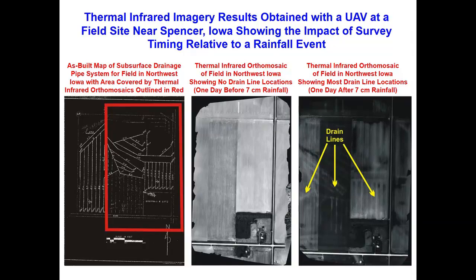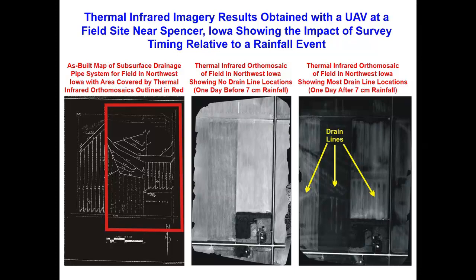And what you see is a totally different response. If you look closely and compare the two, we see the linear features of the drainage pipes that show up. Some of them coming this way. They turned up really well. So timing is really important.